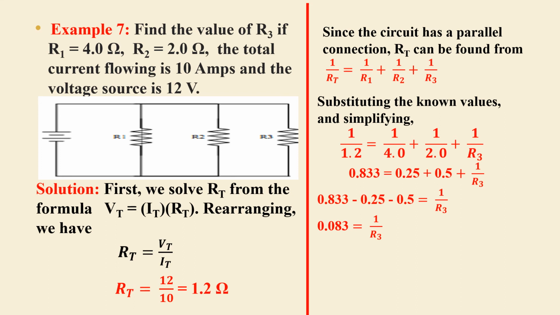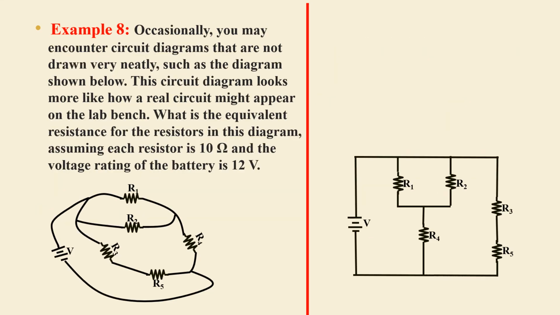Solving for 1 over R3, we get 1 over R3 is 0.083. Thus, taking the reciprocal, R3 is 12.05 ohms.